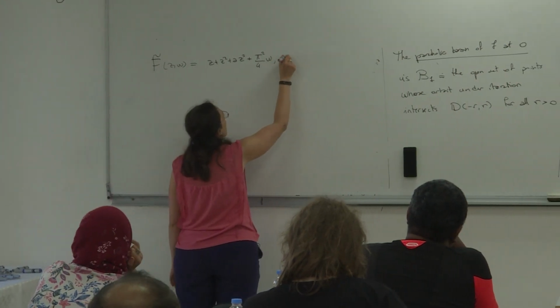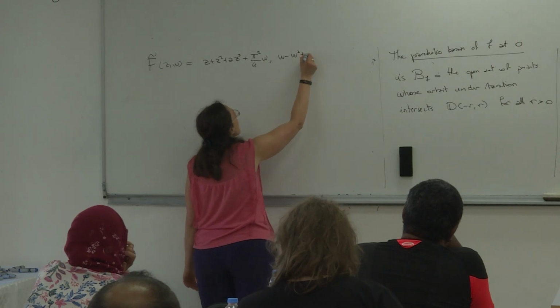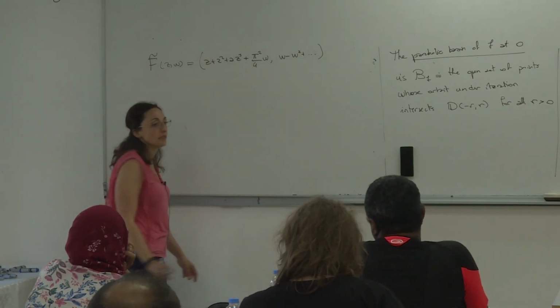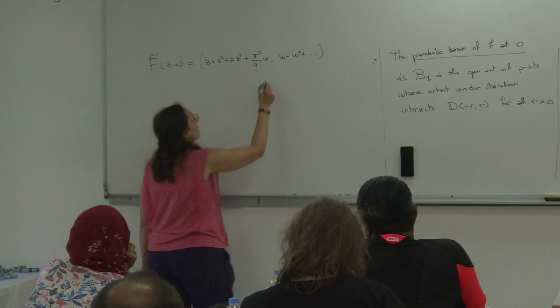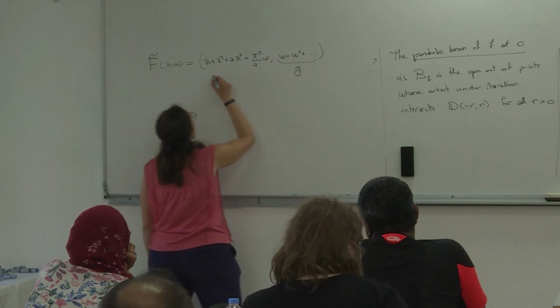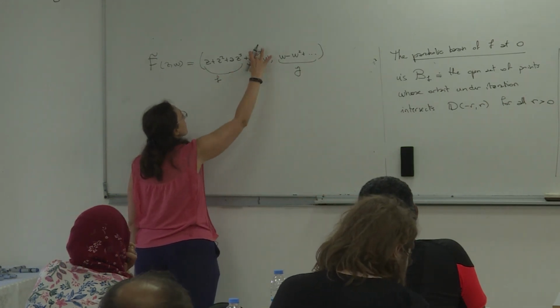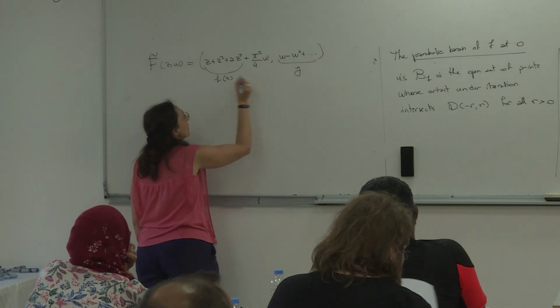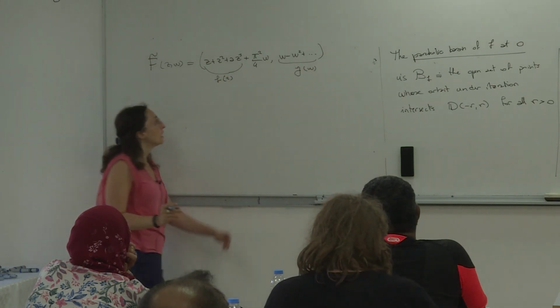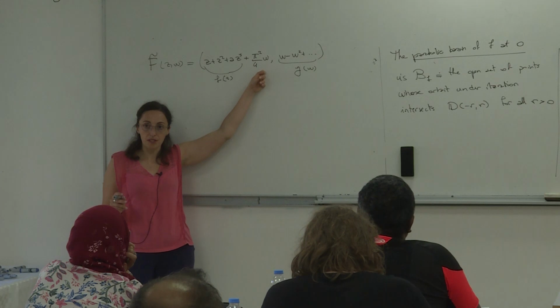And then we have W minus W squared plus whatever. Okay? So now, this is G, and this is F, and this is the transform. This is F of Z, this is G of W, and that's the perturbation that I put.